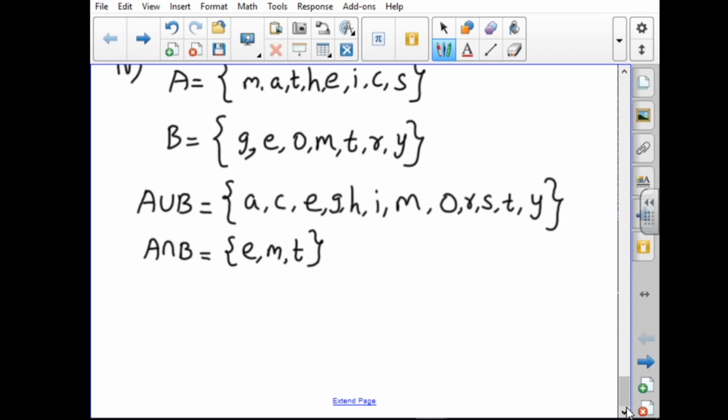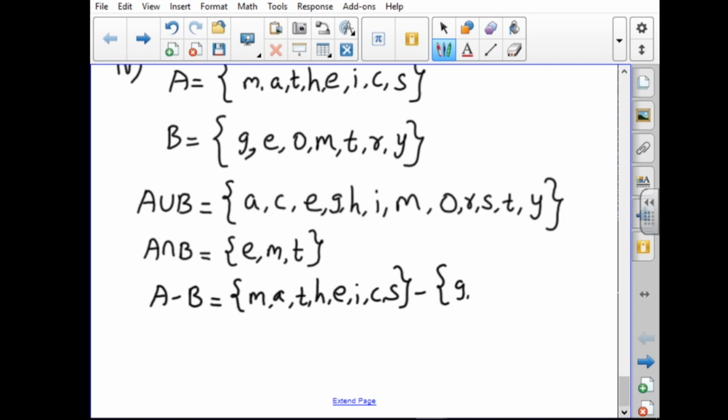Then next one, A difference B. A elements M, A, T, H, E, I, C, S. Then G, E, O, M, T, R, Y. Okay. A difference B, common elements: any B elements that are there in the A set. Okay, you can check it.